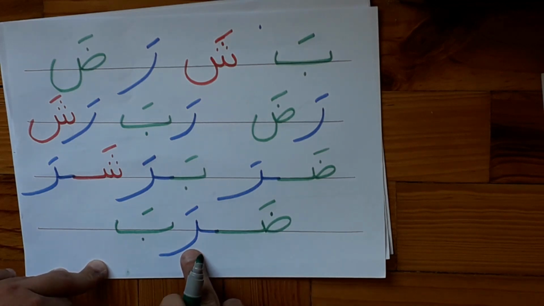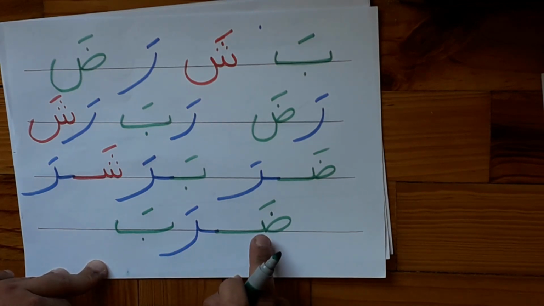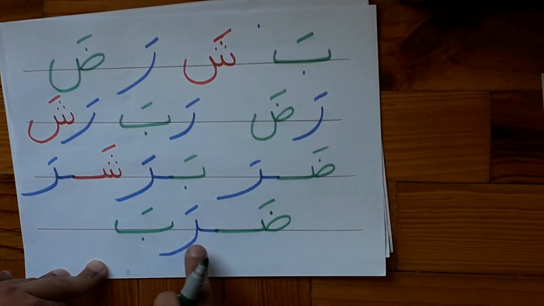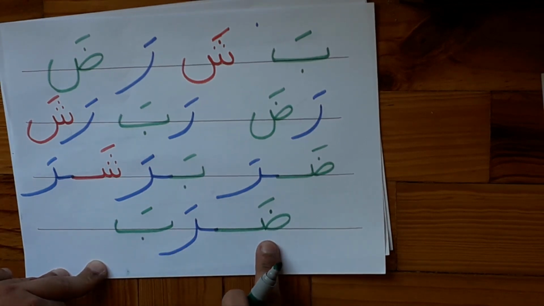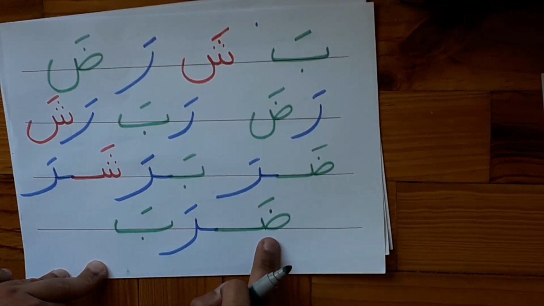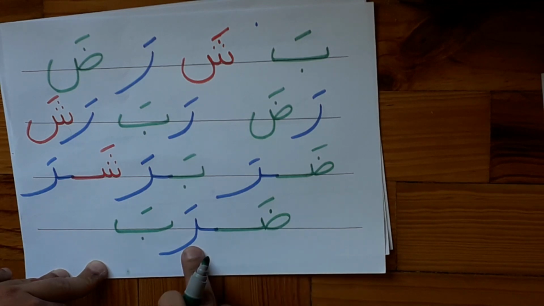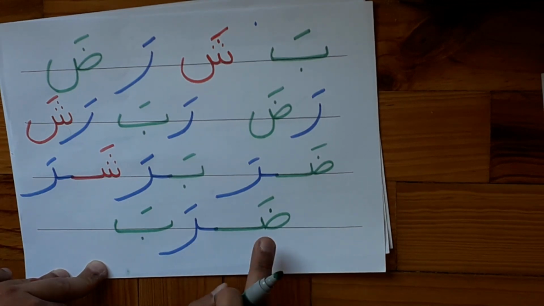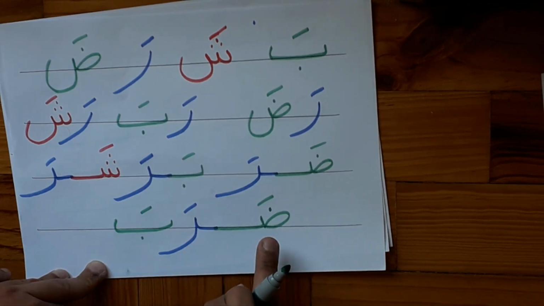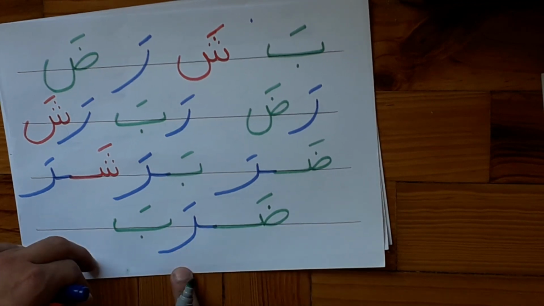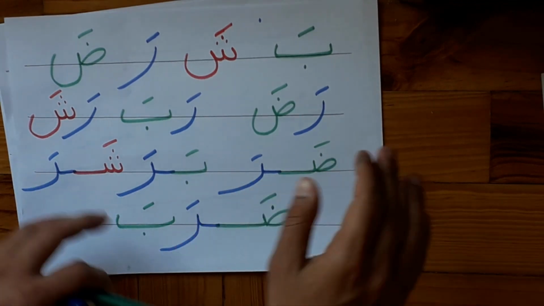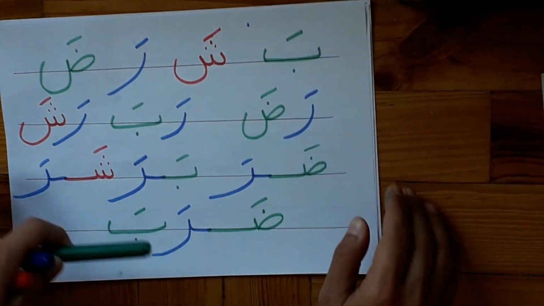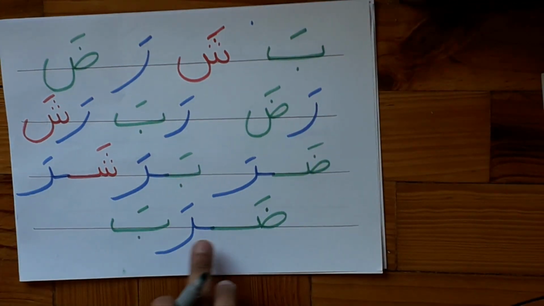Da, ra, ba, daraba. One more time. Da, ra, dara, da, ra, dara, daraba. Daraba means hit, but in the past, okay? Like to hit someone. So, daraba.